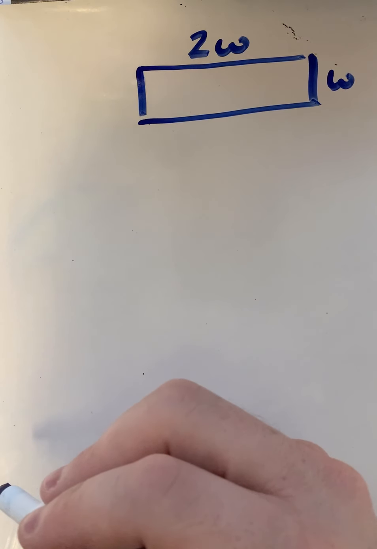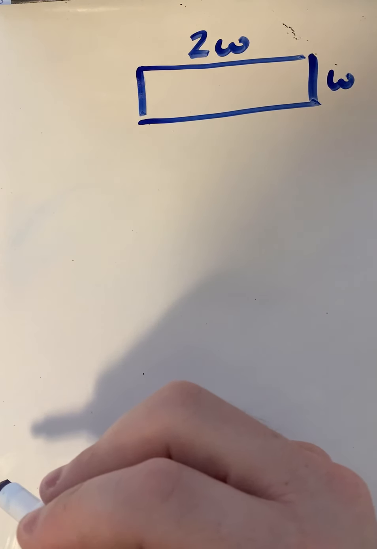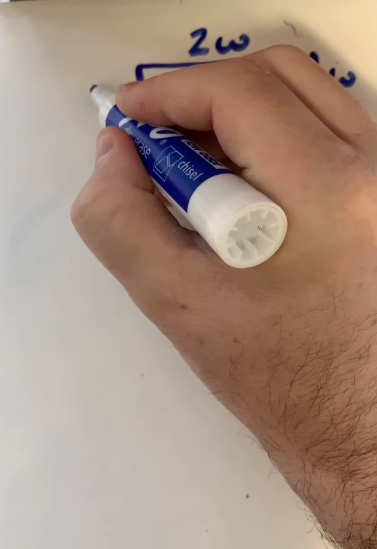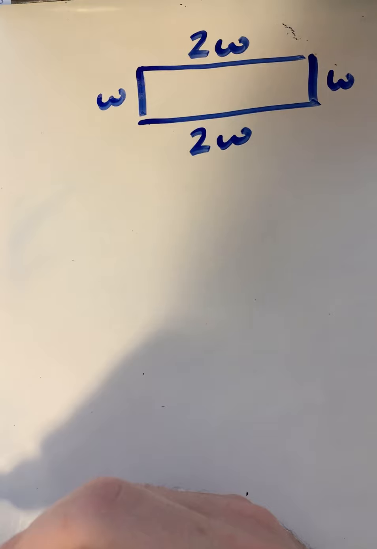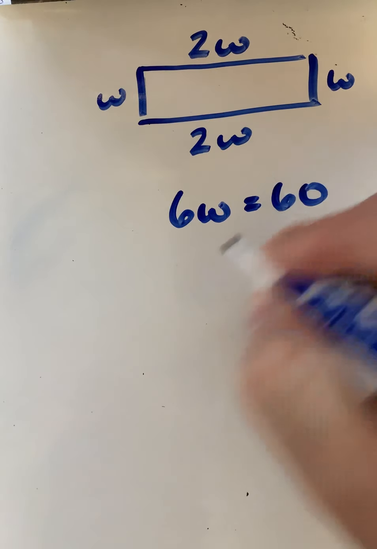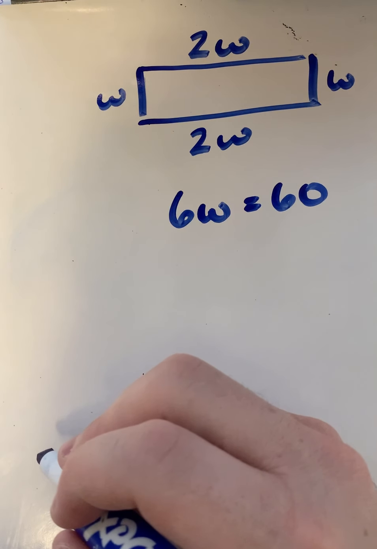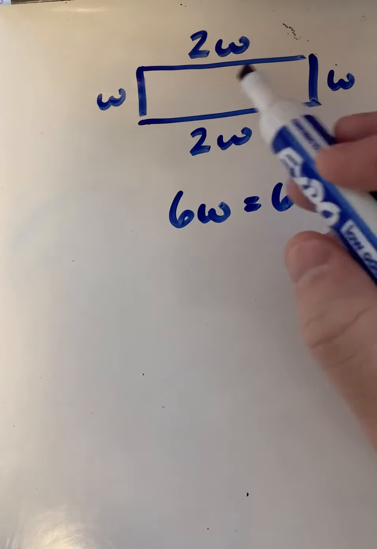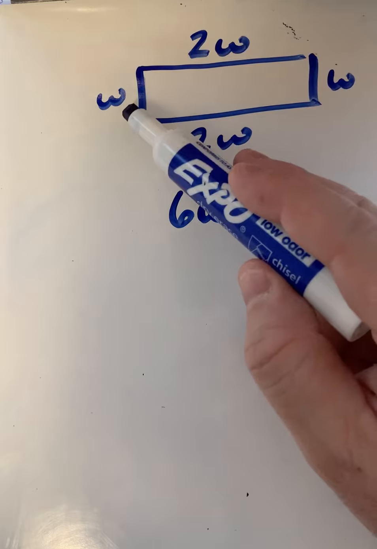So how do I do that? Well, I'm going to do the following. I know that I have 2W and W. So if 6W equals 60, then I know that I have to multiply the length times the width to get the area.